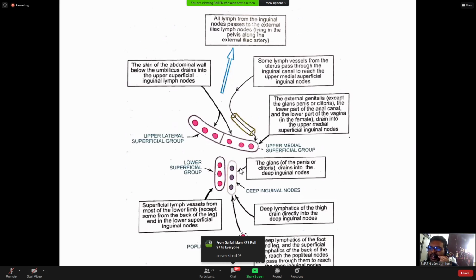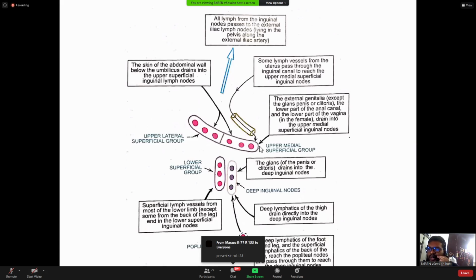These are the deep inguinal lymph nodes. The glans clitoris and penis go to the deep inguinal lymph nodes, the medial one. So if we simplify, the upper lateral and upper medial lymph nodes get supply from the skin of the abdomen below the umbilicus, and the superficial ones, upper lateral and medial.